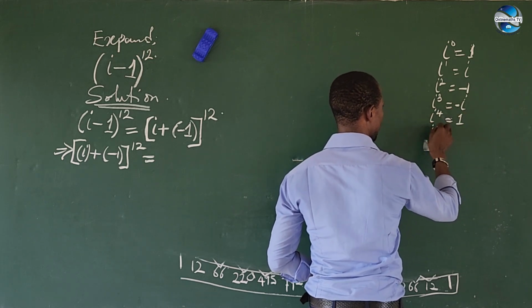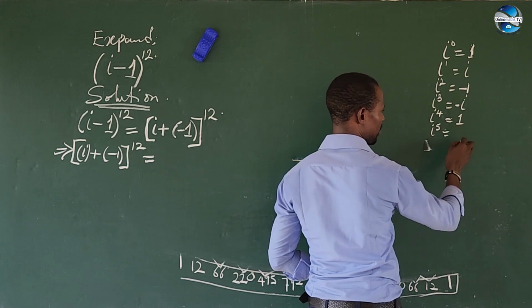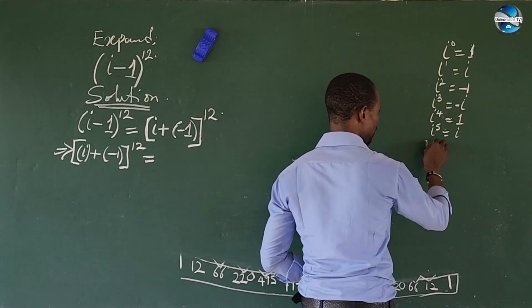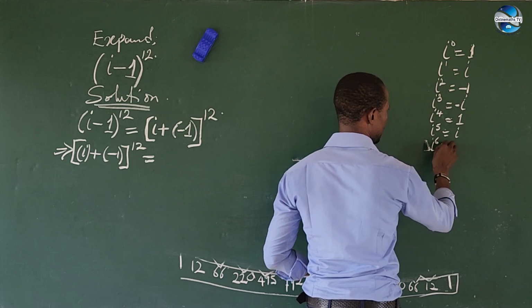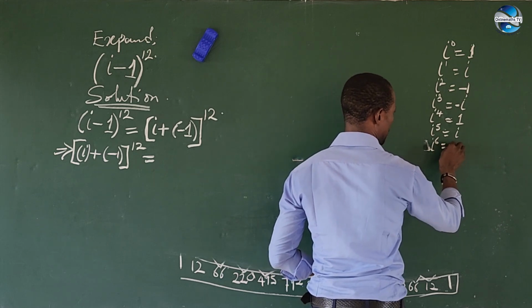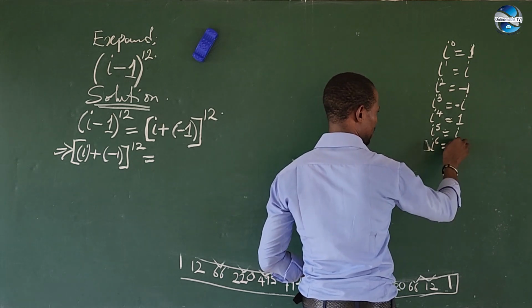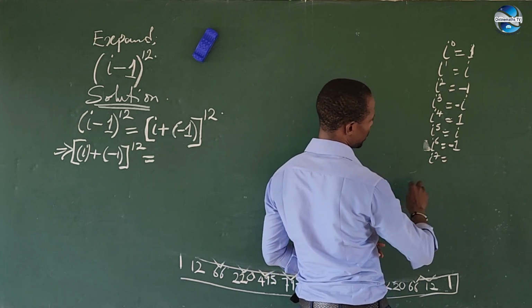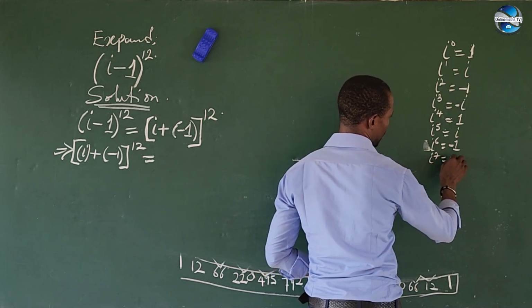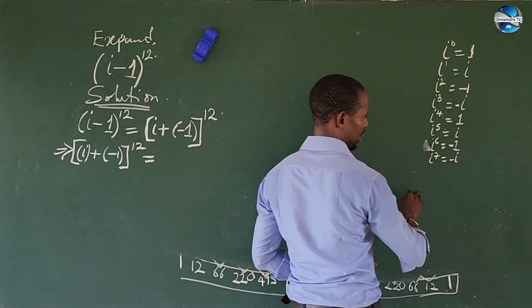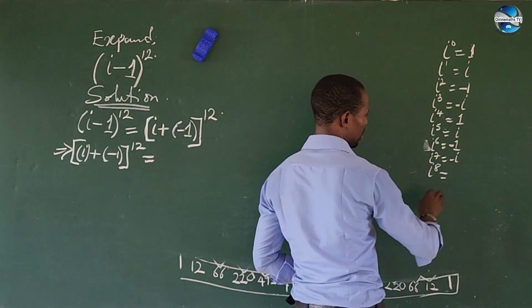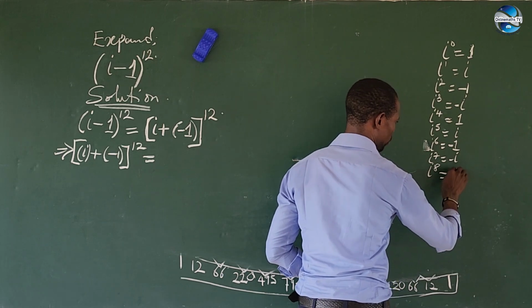Iota to the power of 5 will give us iota again. Iota to the power of 6 will give us minus 1. Iota to the power of 7 will give us minus iota. Iota to the power of 8 will give us 1.